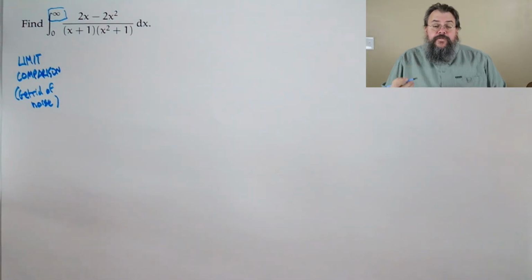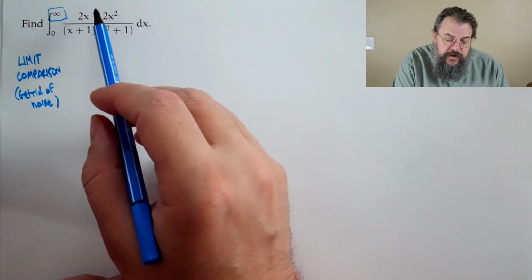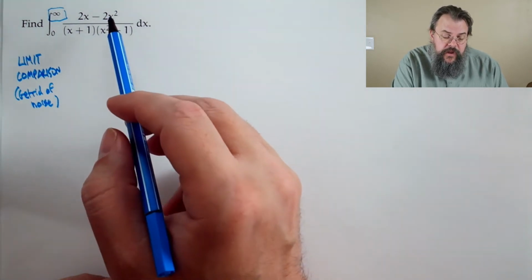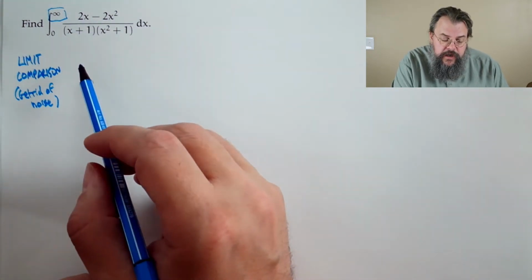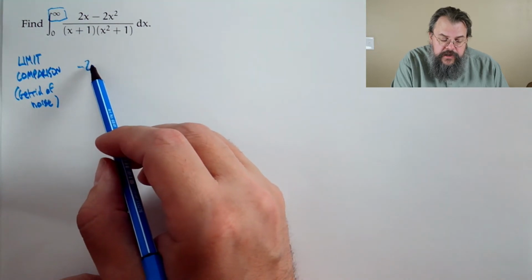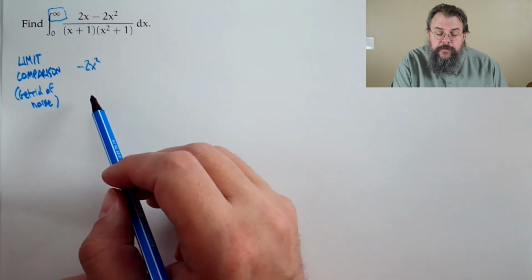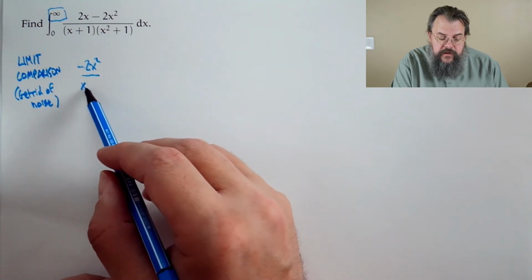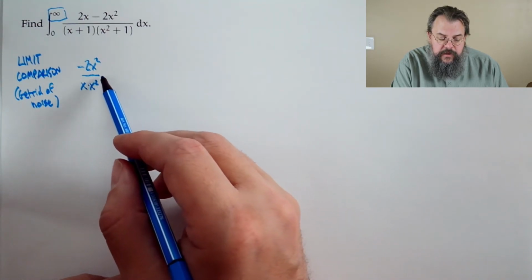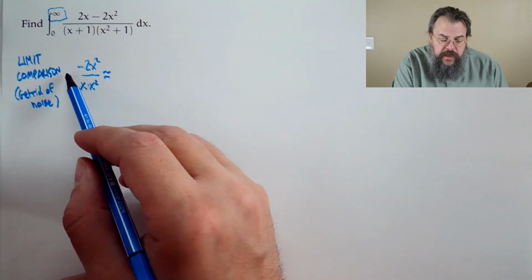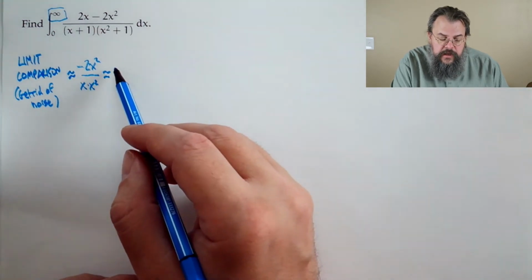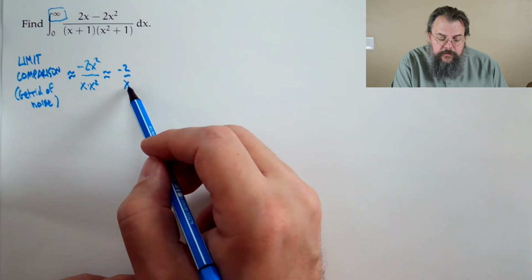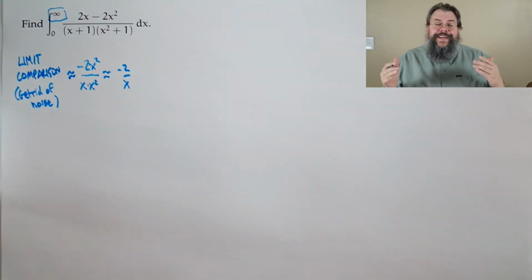All right, so in the numerator, what is it changing like? Well, between the 2x and 2x squared, look, the 2x squared, much larger, that's going to dominate. Downstairs, it's behaving like x times x squared. So really, it's behaving like, what? Minus 2 over x.